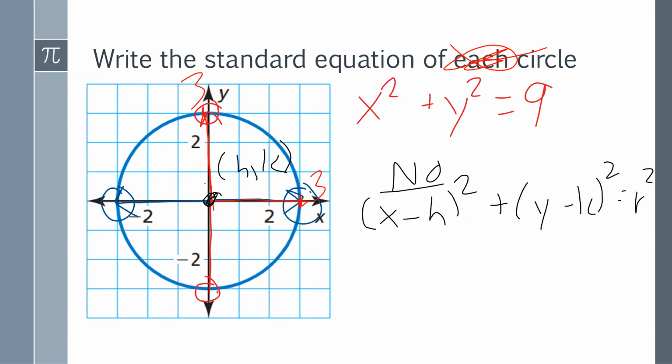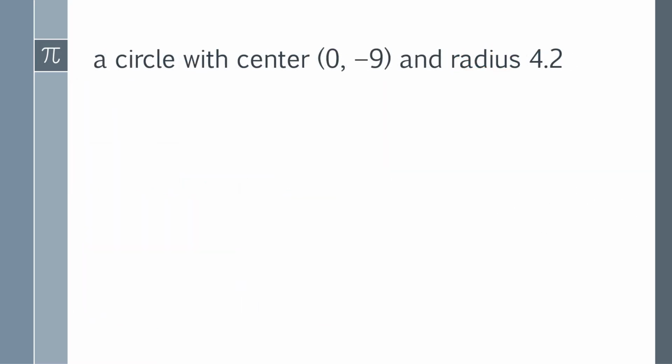All right. So a circle with a center 0, negative 9, and the radius 4.2. How will I create such an equation like that? Well, I don't know what x and y are, but I know my center.